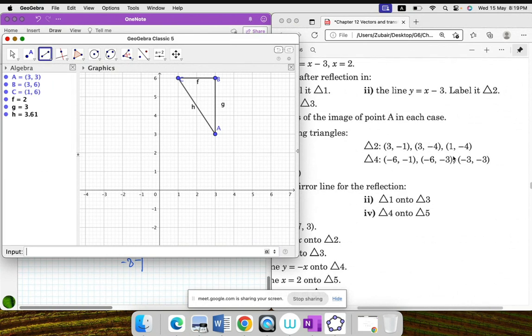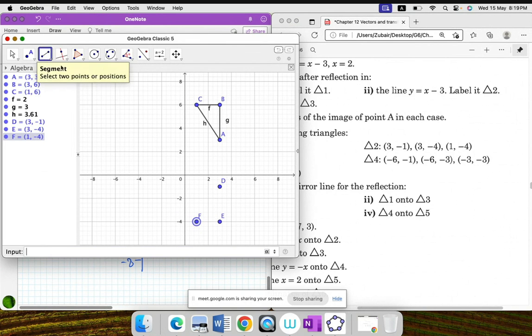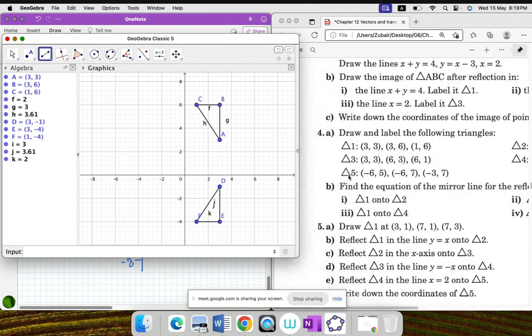Triangle 2 is 3 comma minus 1, 3 comma minus 4, then 1 comma minus 4, and now we draw this triangle. Third one is 3 comma 3.